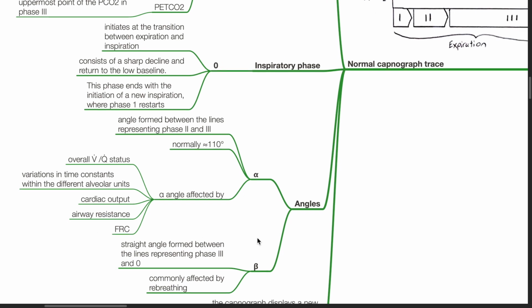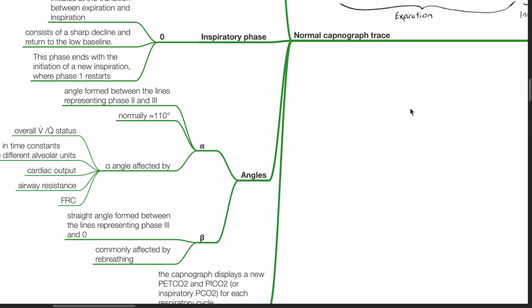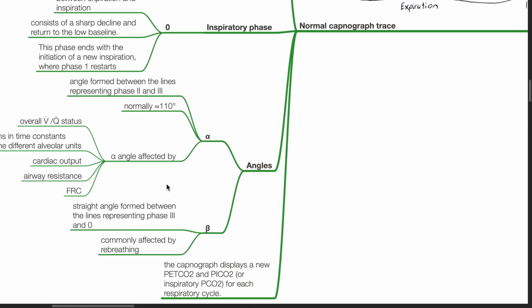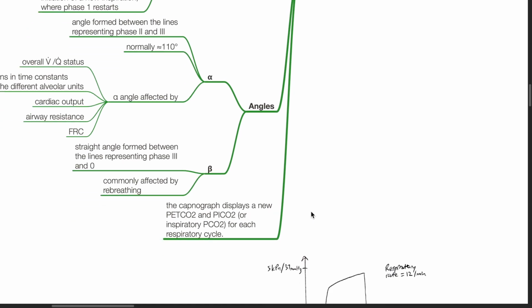The beta angle here is a straight angle formed between the lines representing phase 3 and 0 and is commonly affected by rebreathing. The capnograph displays a new PETCO2 and PiCO2 for each respiratory cycle.